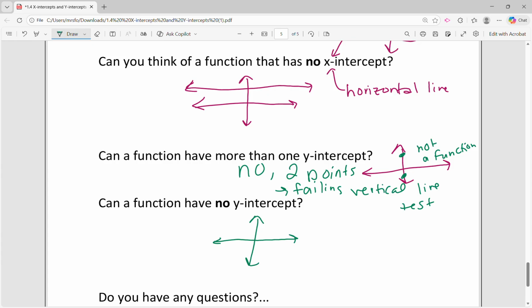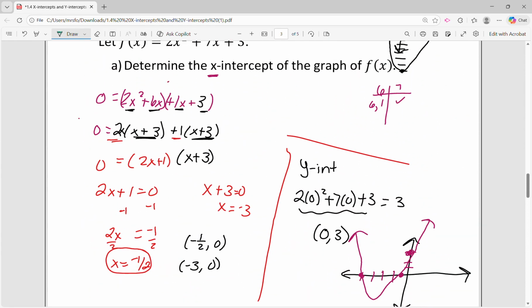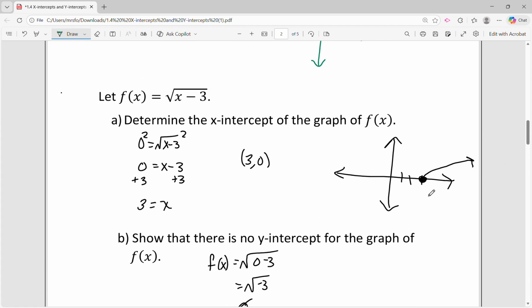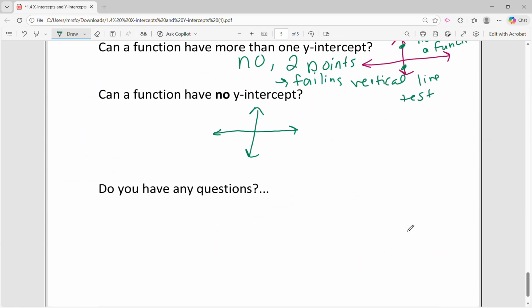And we saw that actually already. Let's say here, this function right here has no y-intercept. So can a function have no y-intercept? Yes.